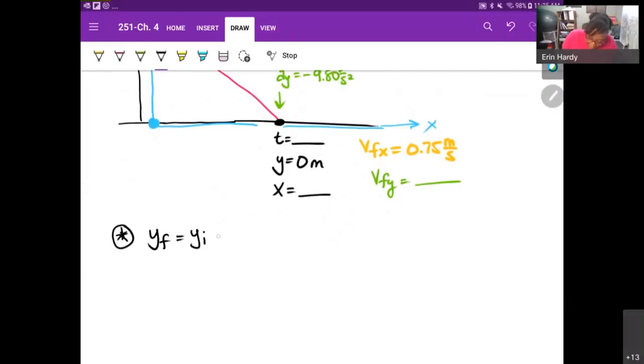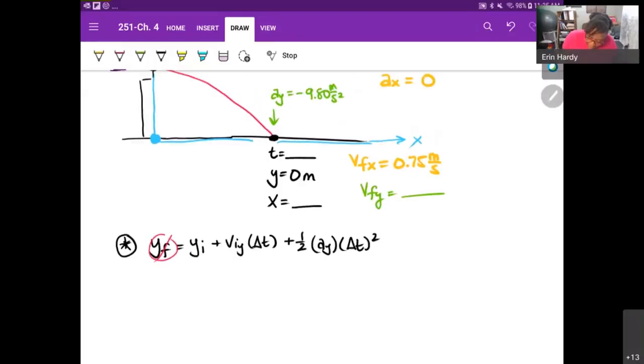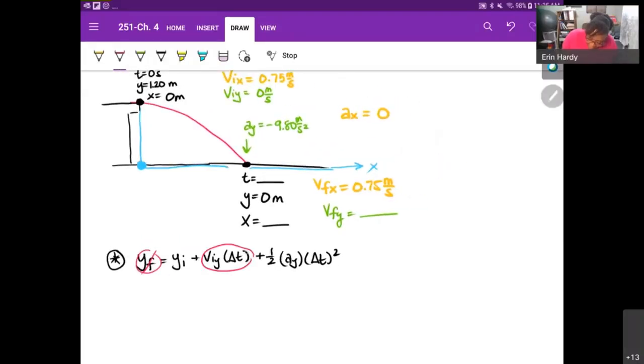So y final is equal to y initial plus v initial y delta t plus 1/2 a_y delta t squared, where our final position is going to be 0. And since we determined that the ball had 0 initial vertical speed before it leaves the table, that whole middle term is going to go as well.